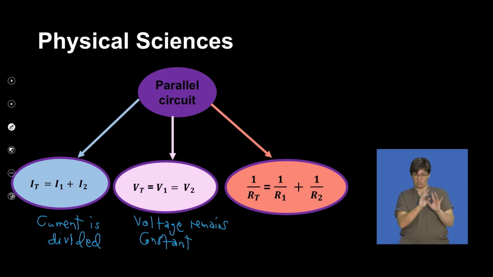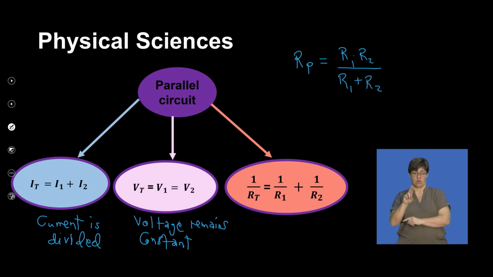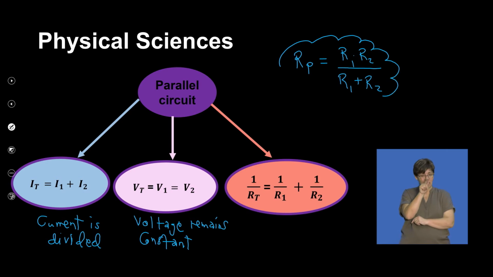But when it comes to the resistance of a parallel circuit, if there are two resistors in parallel, you can use the product over sum formula, which says total resistance in parallel equals the product, R1 R2, over the sum, R1 plus R2. But this is only applicable for two resistors connected in parallel.